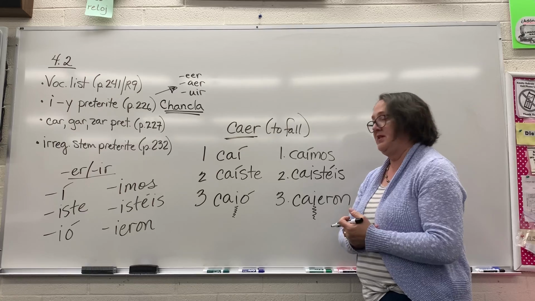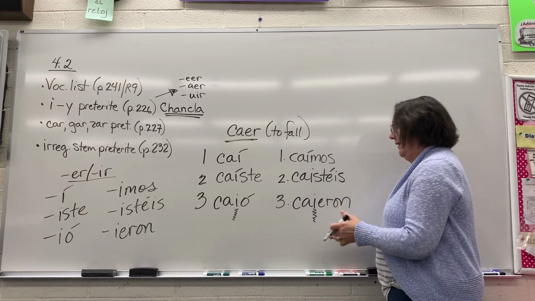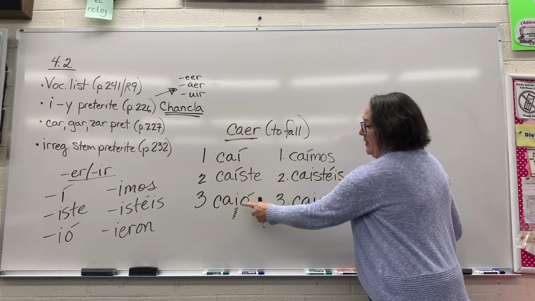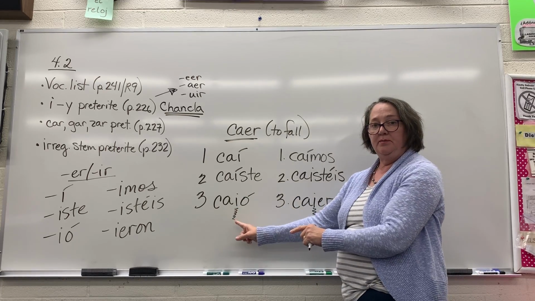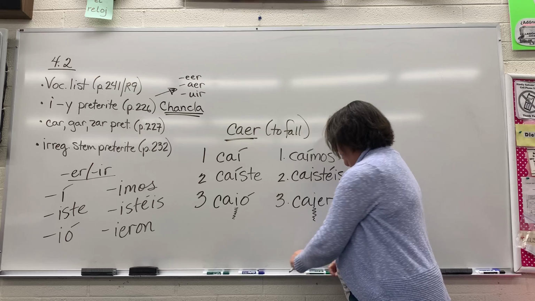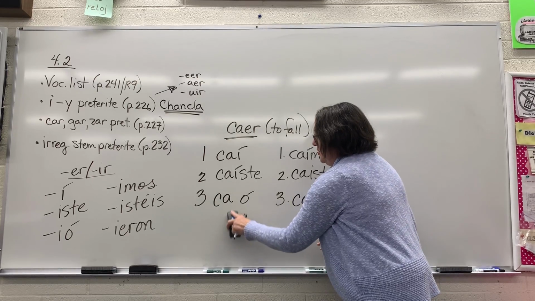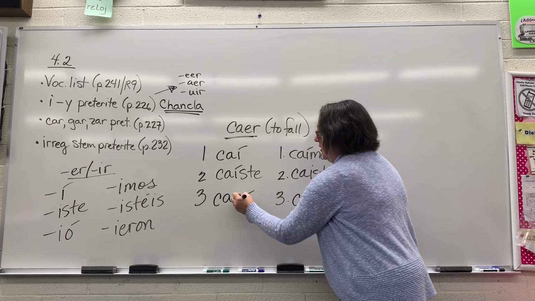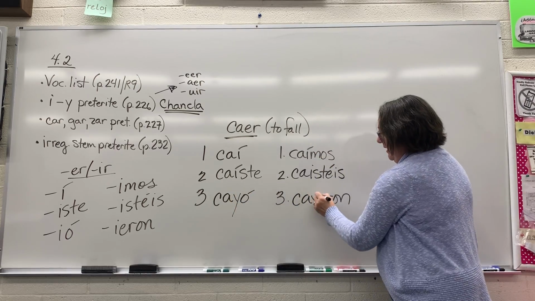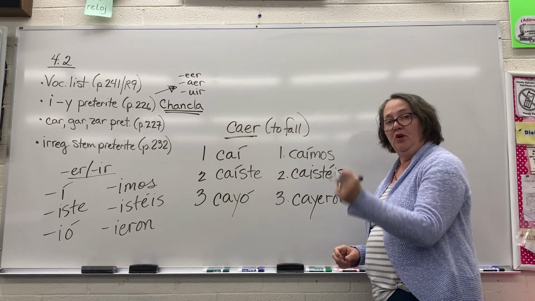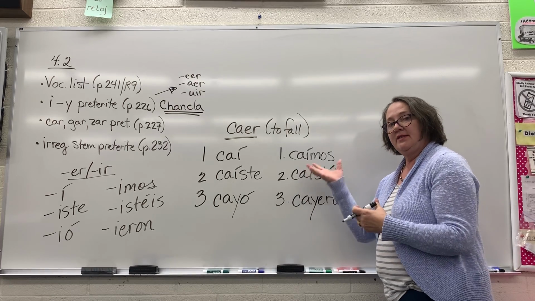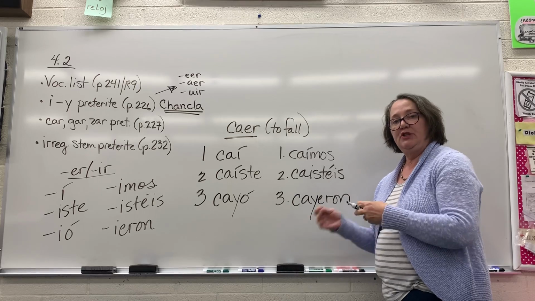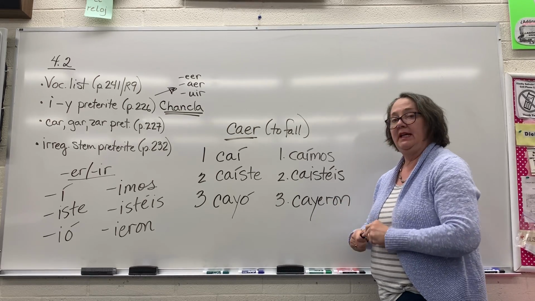So what they like to do is when they have this weak sound in the middle of 2 strong vowels, they change it to a similar but stronger sound. So now we change that I to a Y and we have cayó, cayeron. And it still sounds like its original verb and none of the sounds get lost, just slightly changed to make sure that nobody is stepped on.